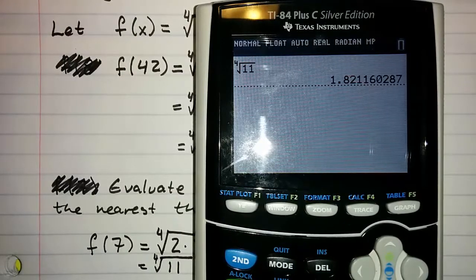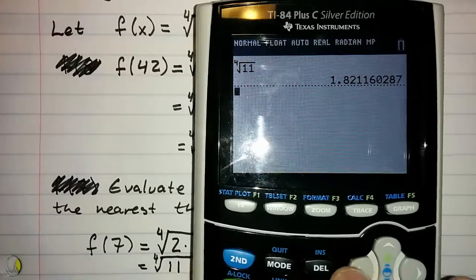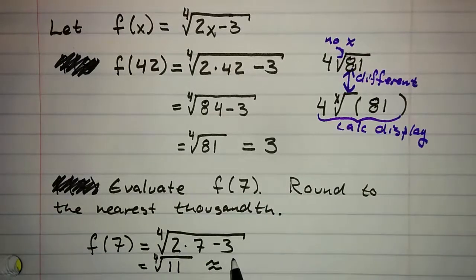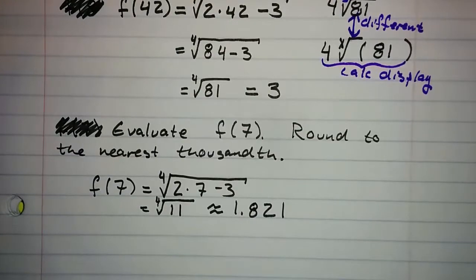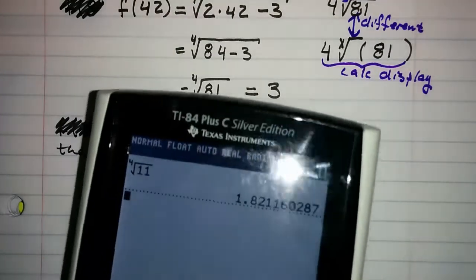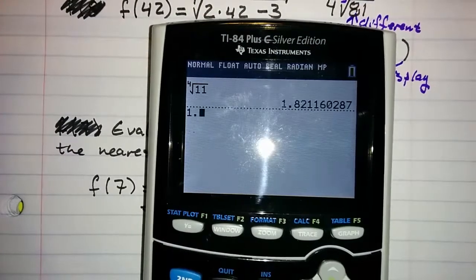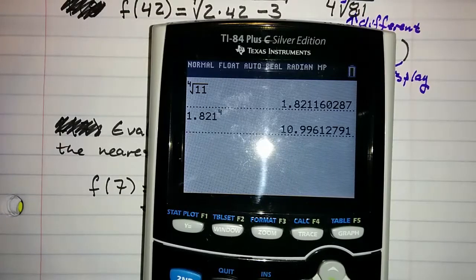I get some dreadful decimal, rounded to the nearest thousandth, 1.821. And if I still have my doubts about entering something like this on the calculator, I can check that. If I put in 1.821 to the fourth, this isn't exactly 11, but it's very, very close.